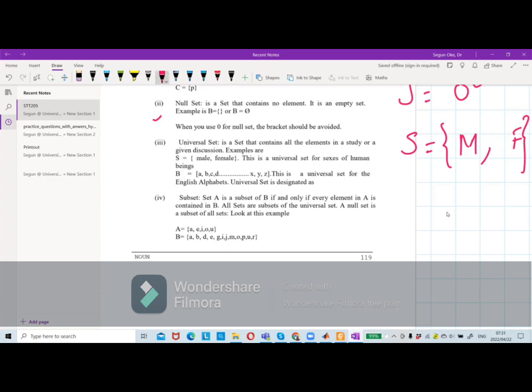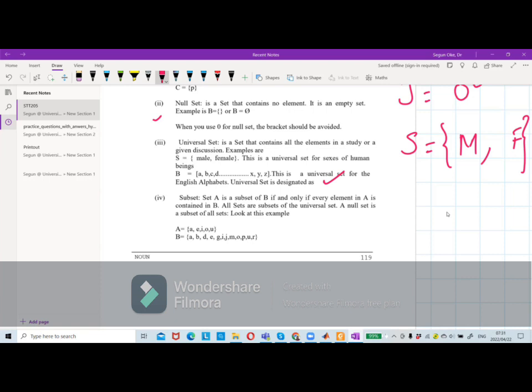Just use a comma to separate them. That's the total universe of the sex of human, like the example in our book. A universal set can also be the total alphabet, the total number of alphabets we have, A, B, C, D, E, F, till Z. Or it can be a particular set given to you.